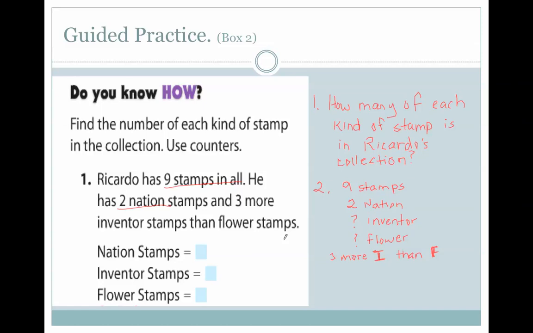Okay, so now I'm going on to step 3, my strategy. I'm going to use simpler problem. Even though it says use counters, I'm going to choose a simpler problem because that works for me. And I'm going to choose reasoning.